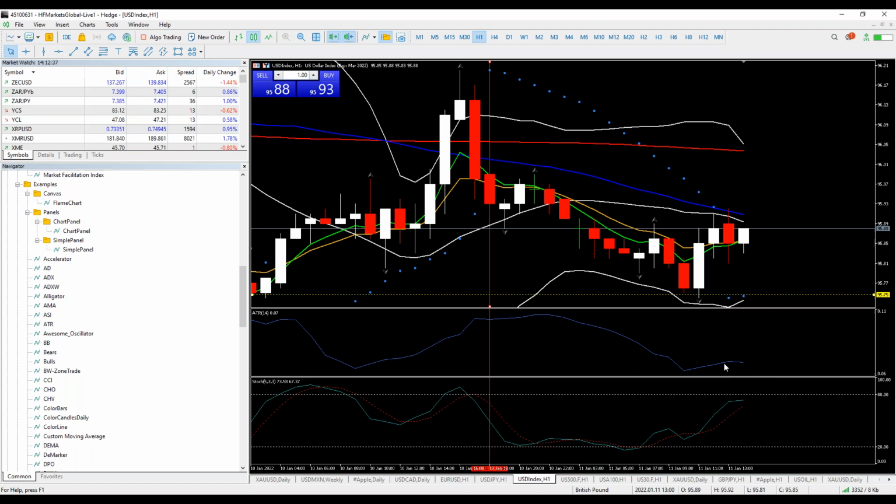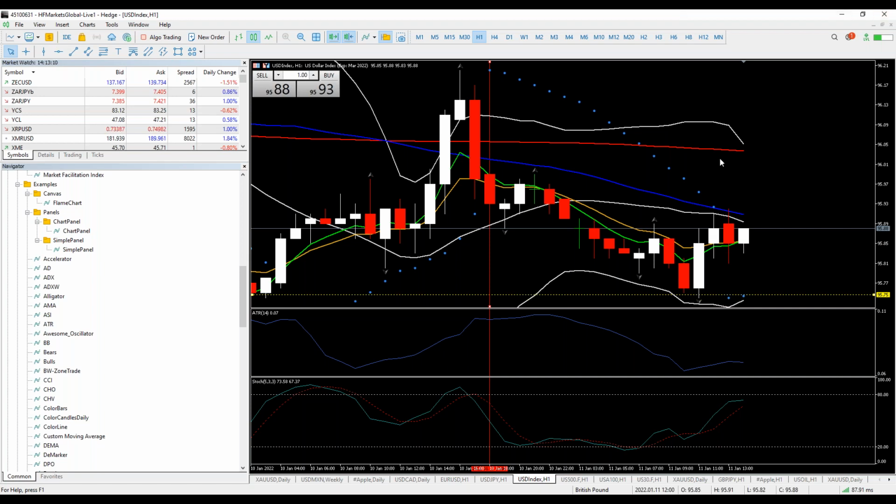ATR was pointing to 6 pips movement. So if you remember when I initially demonstrated, we put it exactly 12 pips below the current price, because it was a 6 pip ATR. So you can use ATR as a trailing stop as well.